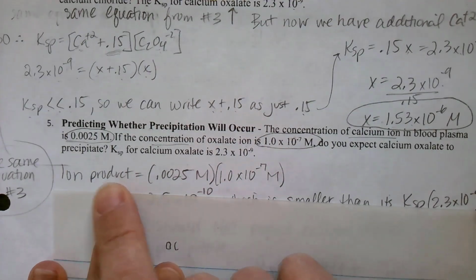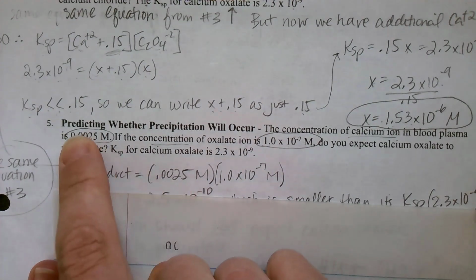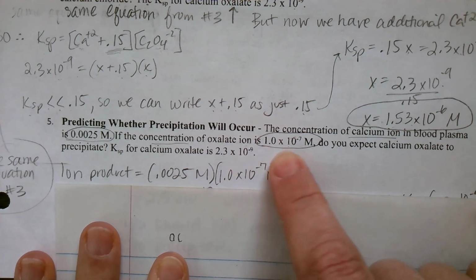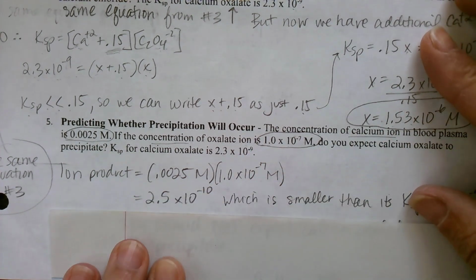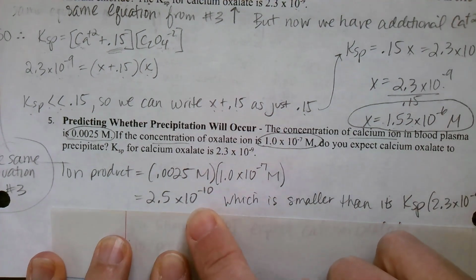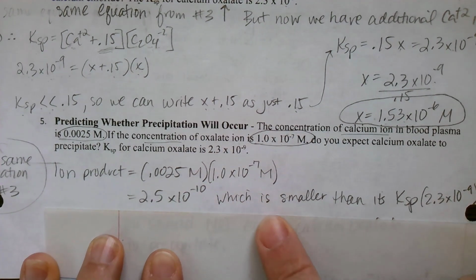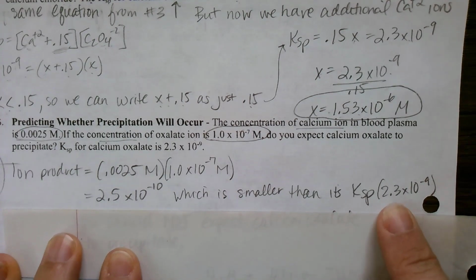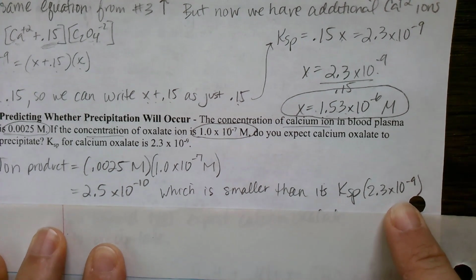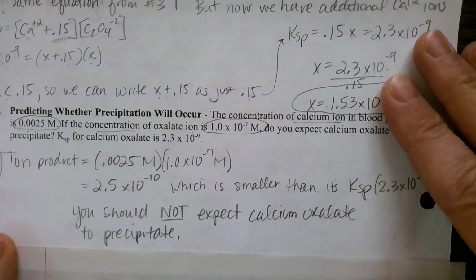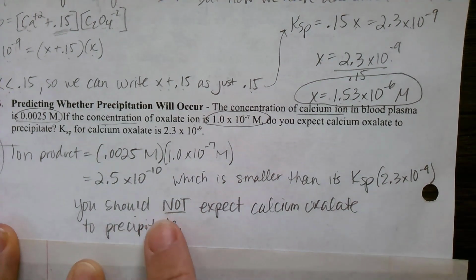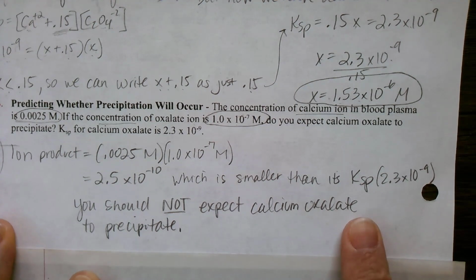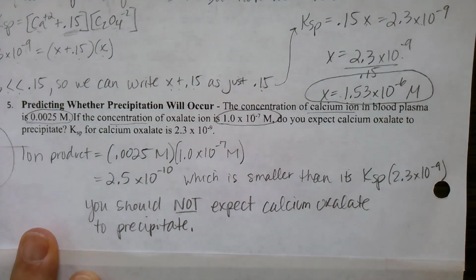So our ion product is 0.0025, that's our calcium, times the oxalate, 1 times 10 to the negative 7. When we do that, we get 2.5 times 10 to the negative 10, which is smaller than its KSP, the 2.3 times 10 to the negative 9. So because that is smaller than the KSP, we would not expect calcium oxalate to precipitate.